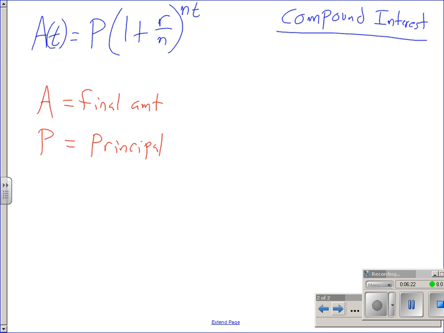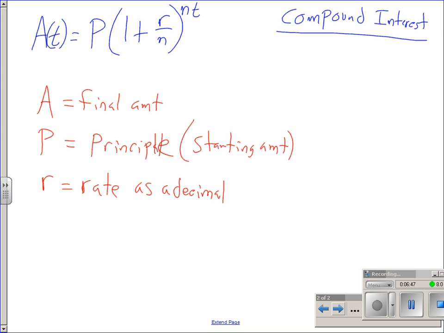It's your starting amount. The value of R is the rate, like the percentage rate, but it's as a decimal. So if it's 5%, you would put in 0.05 for R.